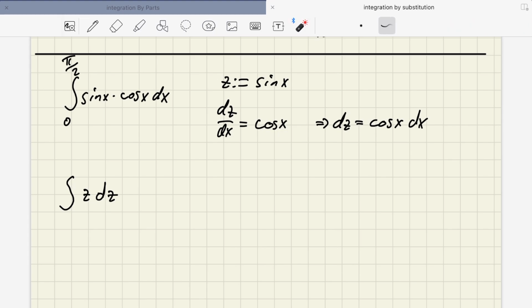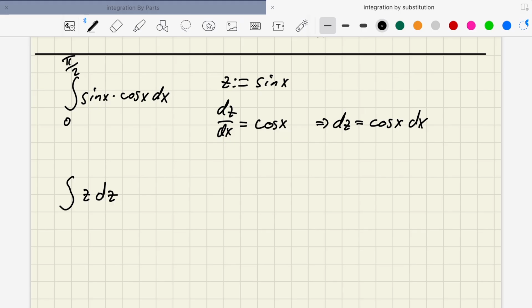Now, we do have to deal with the limits. And there are two ways to handle them. I will show you both. The first way is to put your upper and lower limit into this z function. So as you get new limits after the substitution, you put pi half into this function.